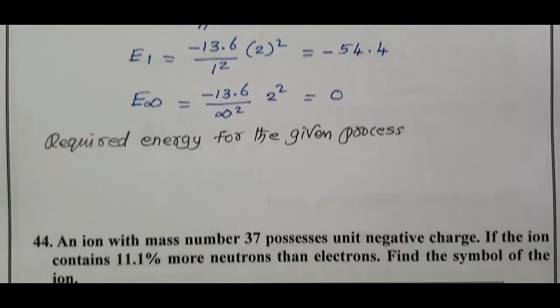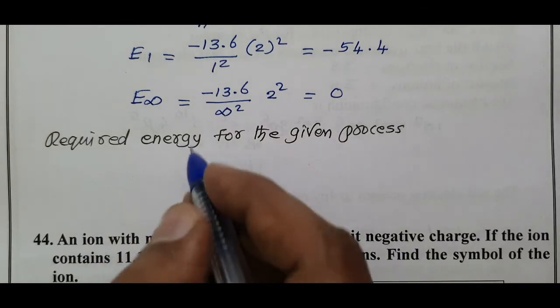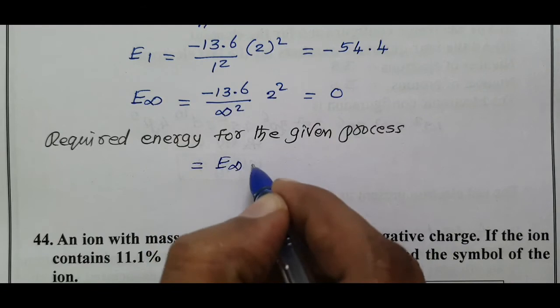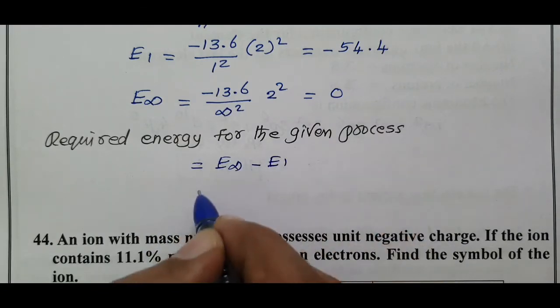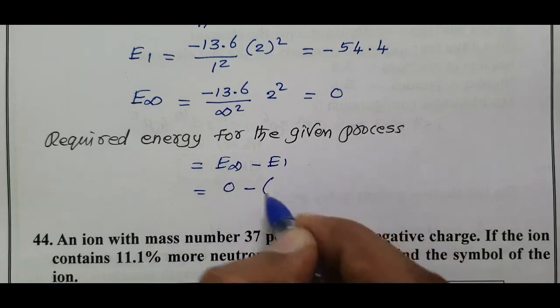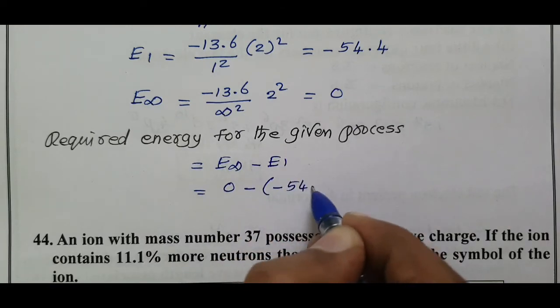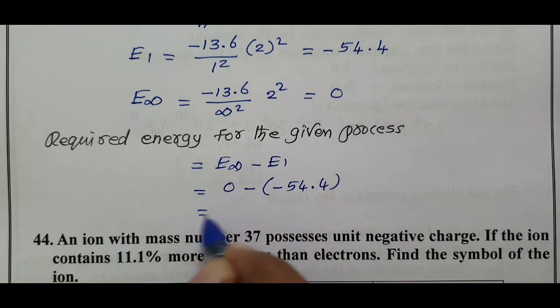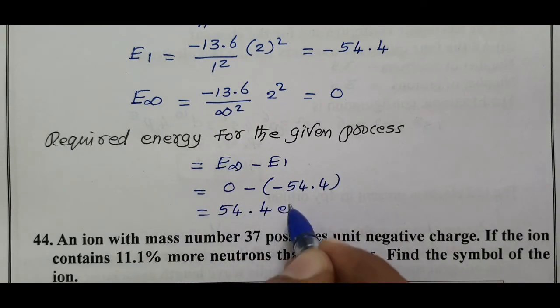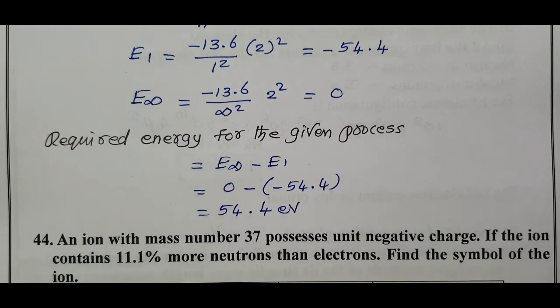Required energy for the given process is equal to E infinity minus E1, equal to E infinity value we know 0, minus into minus of 54.4, equal to 54.4 electron volt is the answer. This is question number 43.